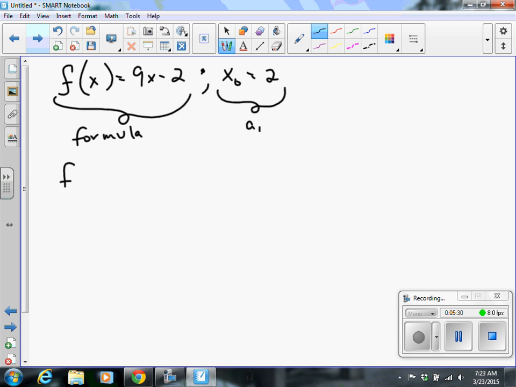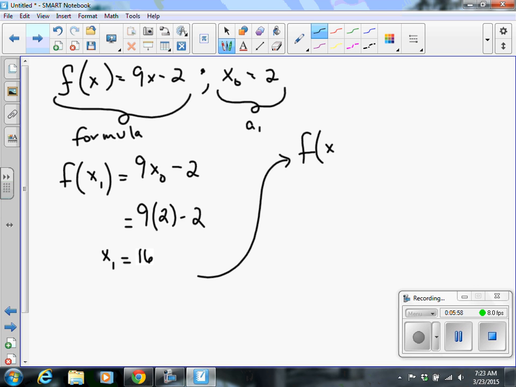So if I'm looking for f of x0, that's going to equal 9 times x0 minus 2. Okay, so what does that mean? I'm just going to plug it in. 9 times 2 minus 2 equals 16, so x1 equals 16. Okay, so then how do I find the next term?